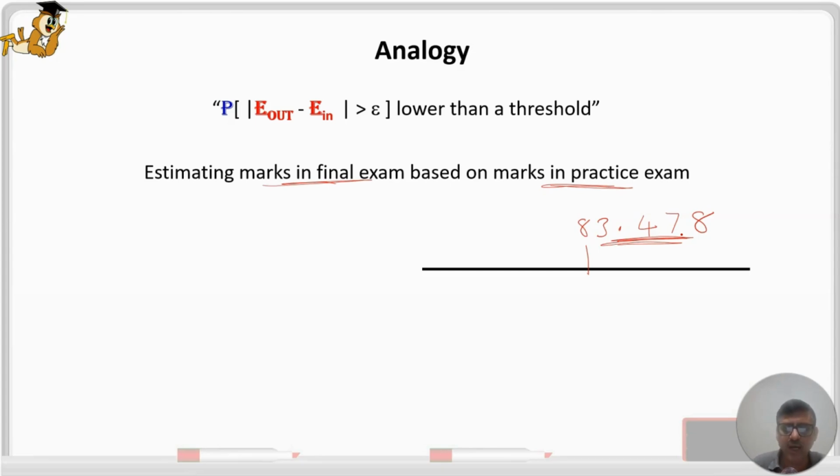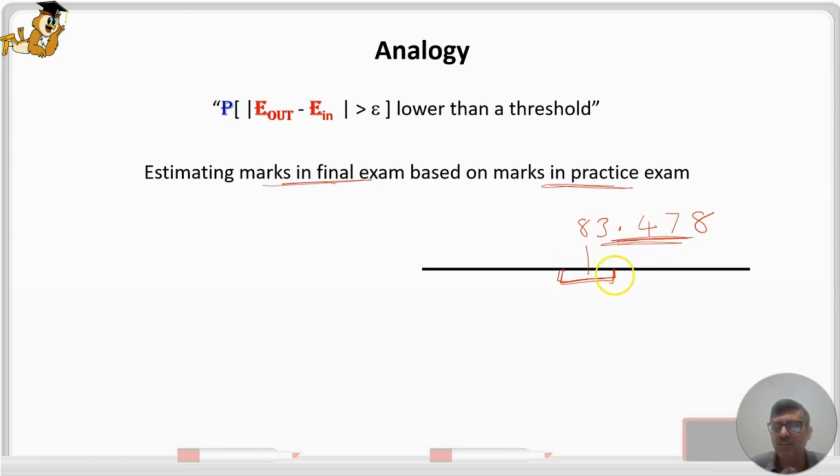The question to ask is, is it possible to guarantee that he will get exactly these marks in his final exam? And the answer to that question is obviously a no. I am going over the questions that we asked in the previous slide. Is it possible for you to guarantee that your cousin will get marks in the final exam lying in a small band around 83.478?